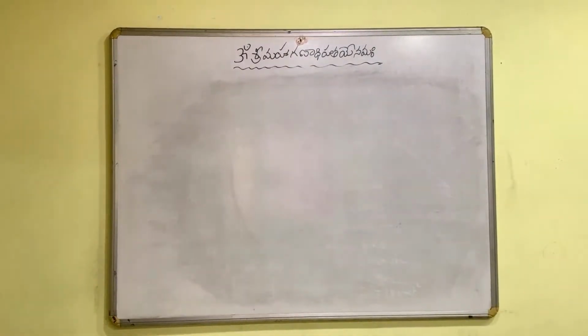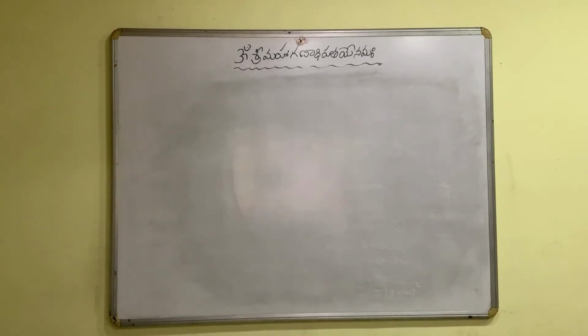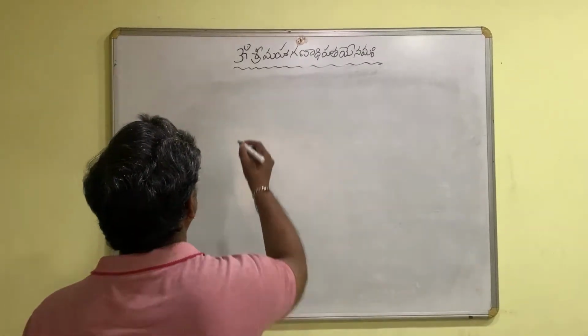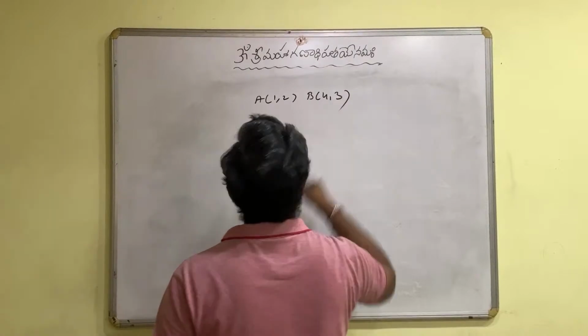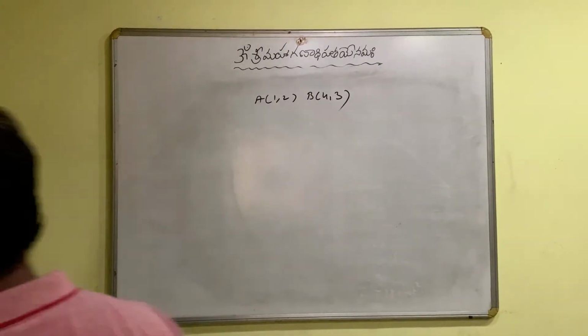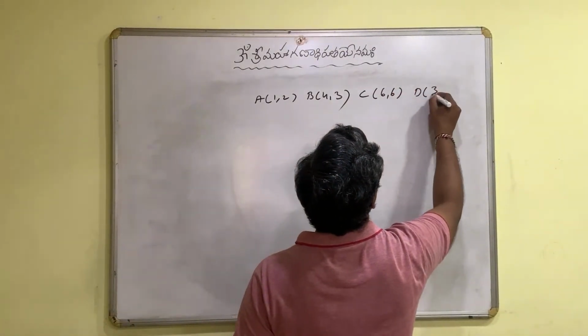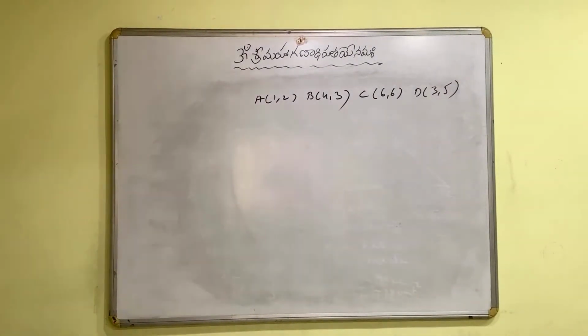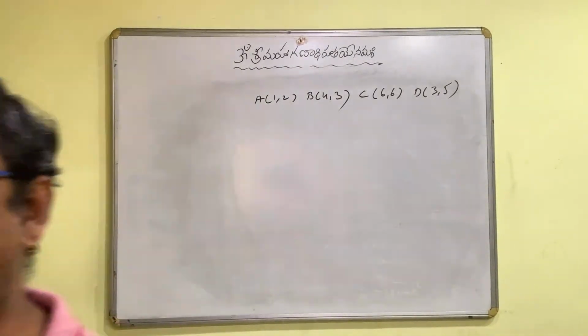Next question, children. Show that the points A(1, 2), B(4, 3), C(6, 6), D(3, 5) are the vertices of a parallelogram.